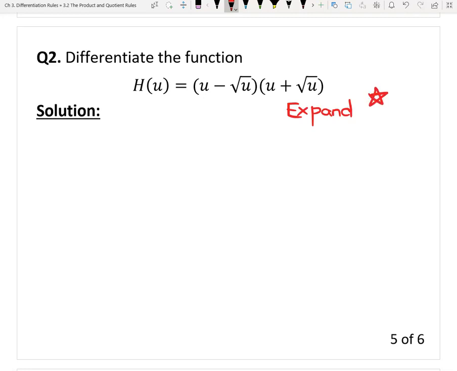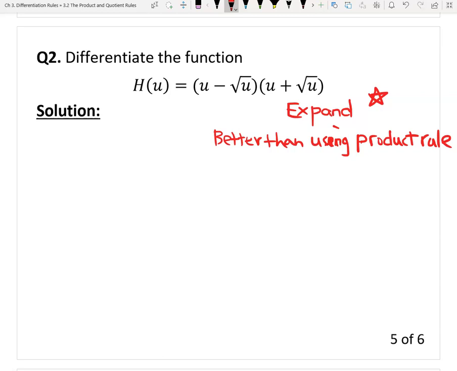Because if you expand, this should be better than using the product rule. You will see why. I am going to show you. But how do you expand? You can use FOIL, but we are not going to use FOIL. We are going to use another way.